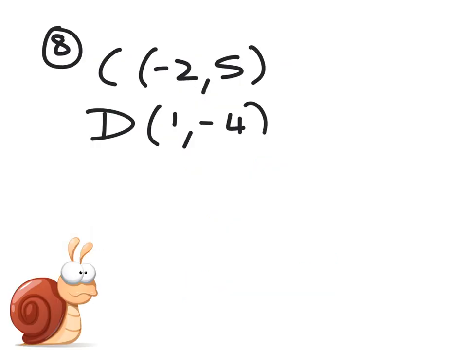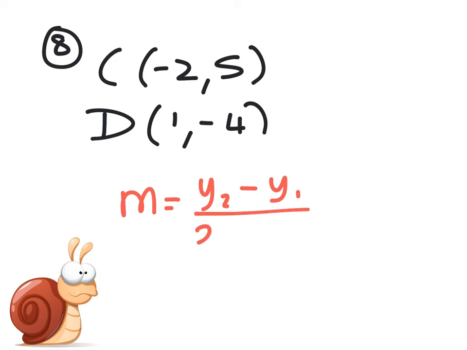And then lastly, number 8, the gradient. Well, the gradient formula, remember, is m equals y2 minus y1 over x2 minus x1. Said in class, if you want, write x1 y1, write x2 y2. Okay, now you just need to plug those numbers in.